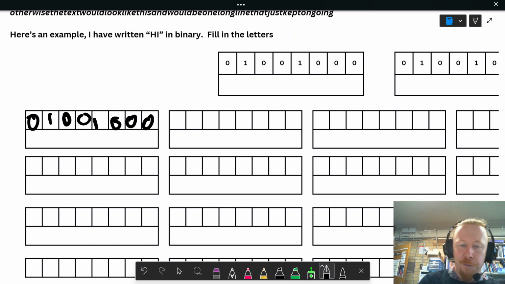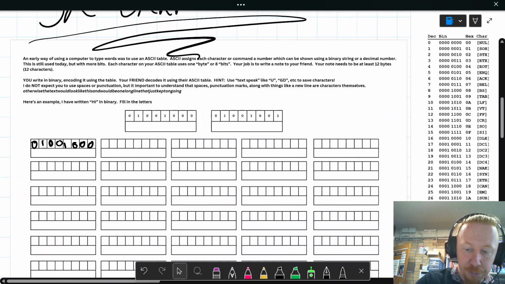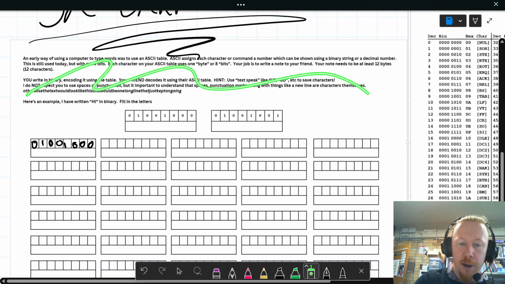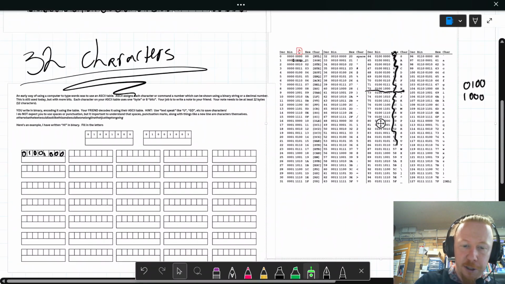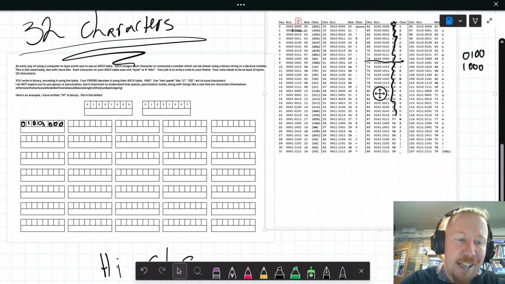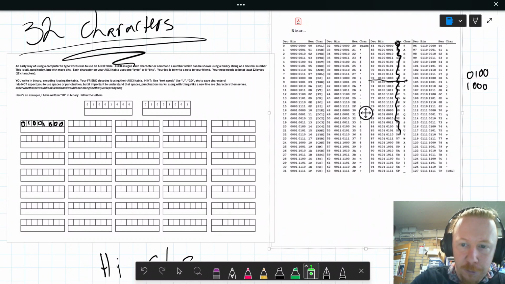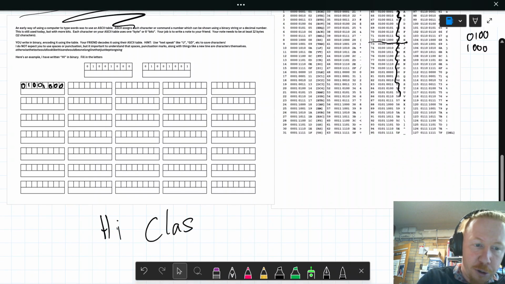So you need to fill this sheet out with a message, this sheet here. Then you're going to hand it to your friend and they're going to decode it using their ASCII table. So once again, just write your message on a little piece of scrap paper. Don't write it on the back of this sheet here.